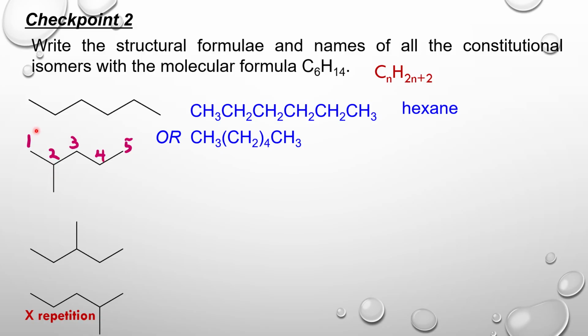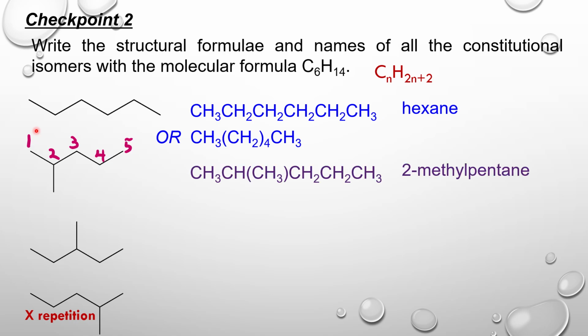To name this, this is a 5 carbon parent chain, so the root name has to be pent. So we have pentane with a methyl group on the second carbon.